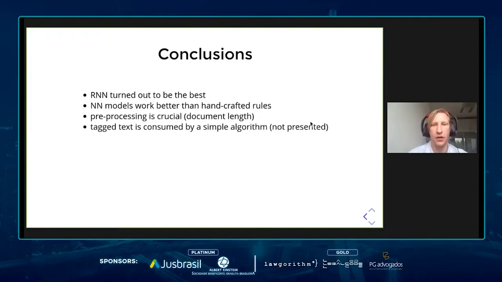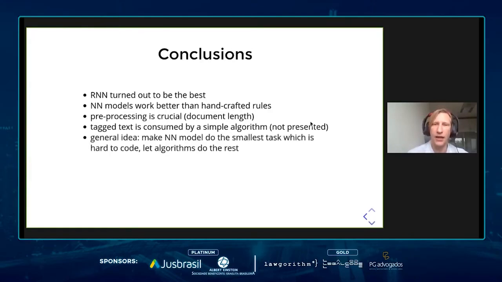And what was not presented is the part related to the interpretation of these spans, but we have already implemented such an algorithm, which is very simple, and it produces very good definitions of the amendments, which can be applied directly to the text. And my general idea, which might be a bit controversial, is to make the neural network model do the smallest task, which is hard to code, and then let the algorithm do the rest.